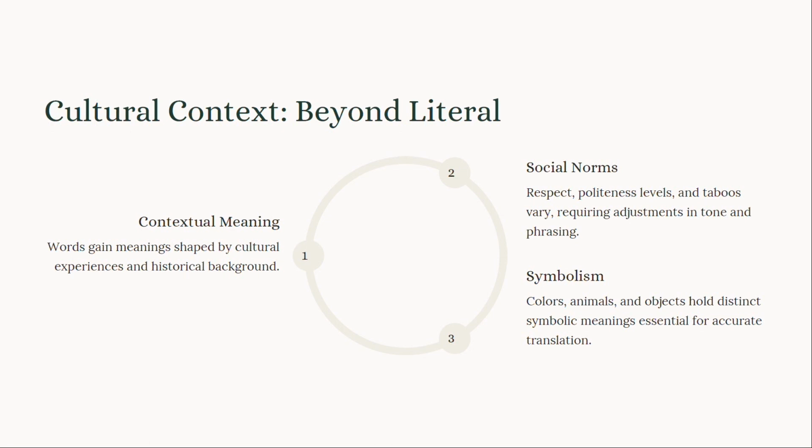The moment I say somebody was wearing black over there, it might symbolize death, whereas in the Indian context, black is not worn when somebody dies. So cultural context includes contextual meanings, social norms and symbolism, and we have to go beyond the words, beyond the literal meanings.